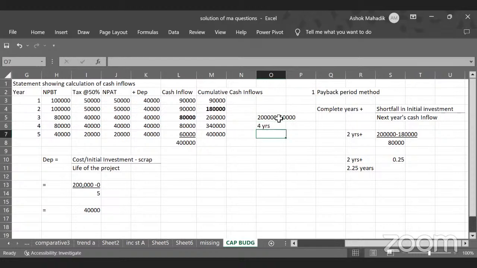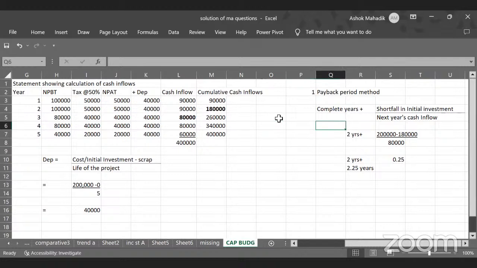No need to have that big formula, simply initial investment upon cash inflow per annum. That would have been the formula. But you won't be expecting such a sum in the paper. You will have sums which have uneven cash inflows.